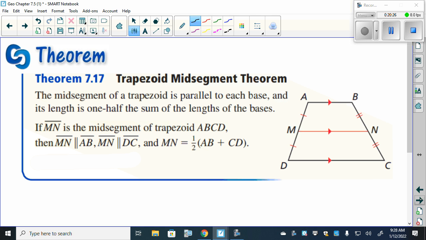Now this here is a little bit different. The mid-segment of a trapezoid is parallel to each base. So if we find the midpoint of each leg, and draw a line connecting the two, we have the mid-segment. And I still find the way that they name things just so on point with this.